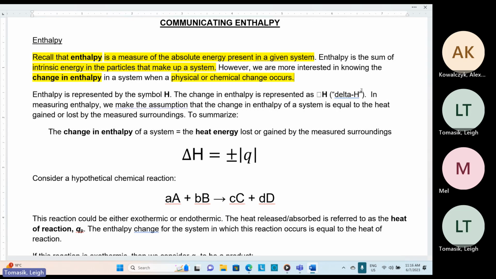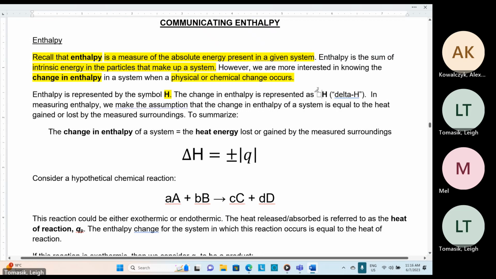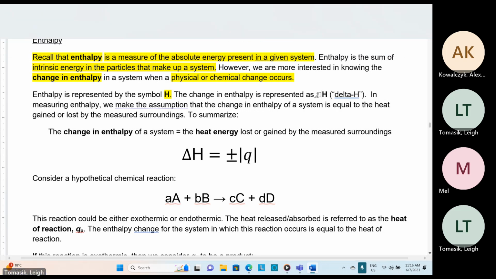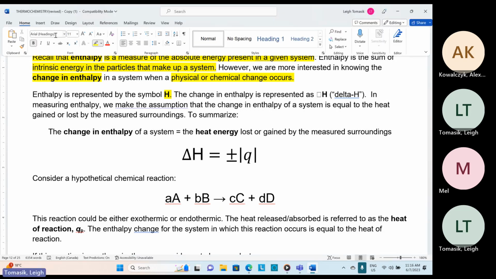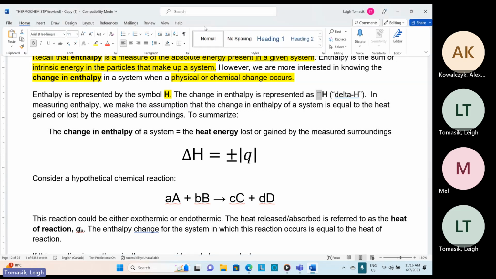So that's what we're interested in learning how to communicate. Enthalpy is represented by the symbol H, and the change in enthalpy is represented by the symbol, not box H, but delta H. I'm going to replace this symbol with the real symbol that it's supposed to be, the delta.